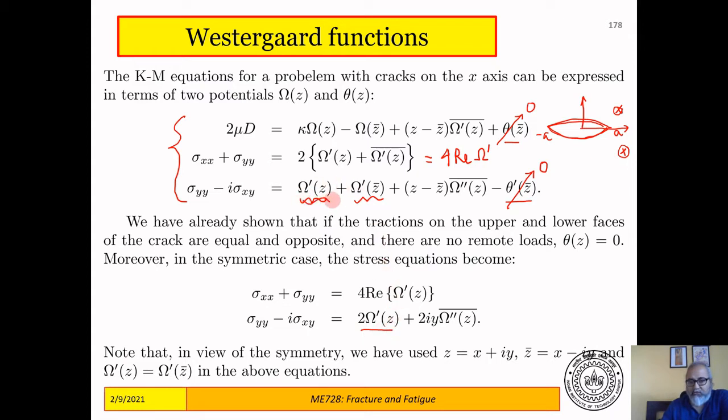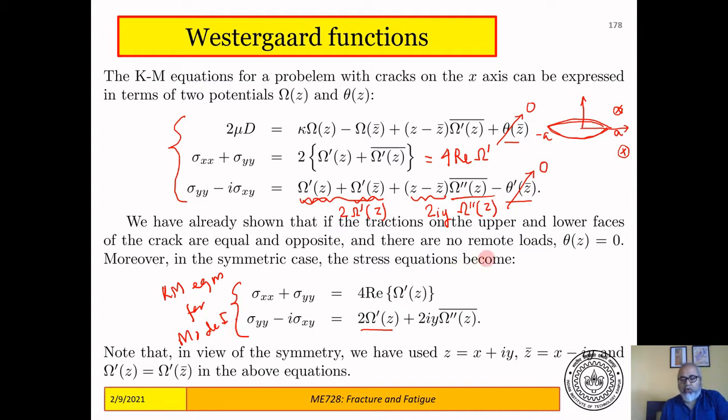So these two give me 2 omega prime z, and this z minus z prime gives you x plus iy minus x minus iy. So this gives you 2iy omega double prime z. So these are the Km equations for the symmetric case, the Km equations for mode 1.